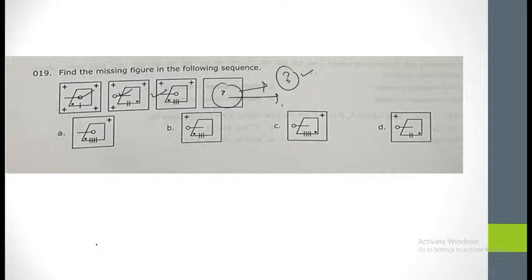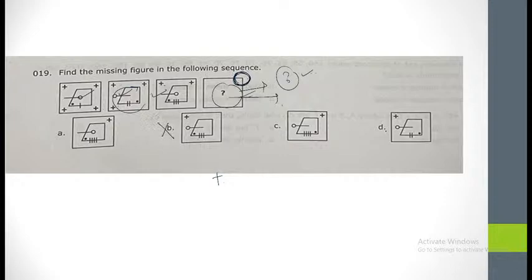Let's see. So the question is asking that we need to find the missing figure. In the first one you have 4 pluses, in the next you have 3, then 2. In the next one you will be having only one plus, and if you see, it's going in a clockwise direction. So the last one would be at this particular corner.